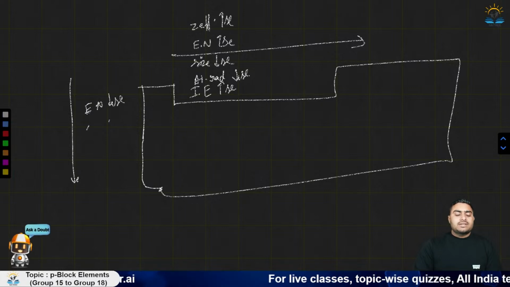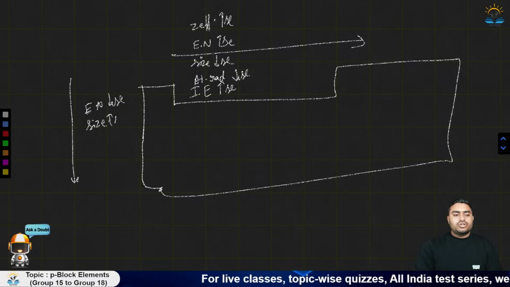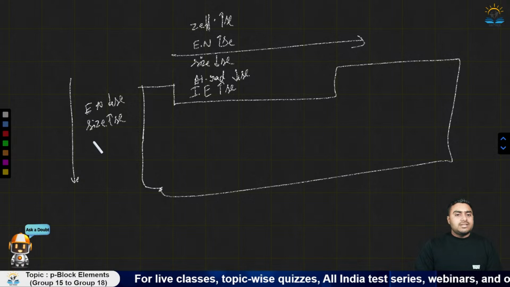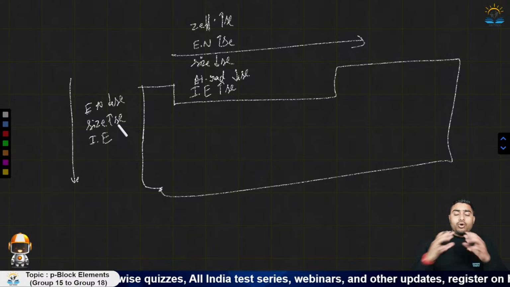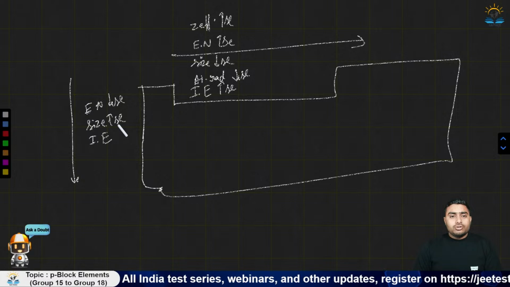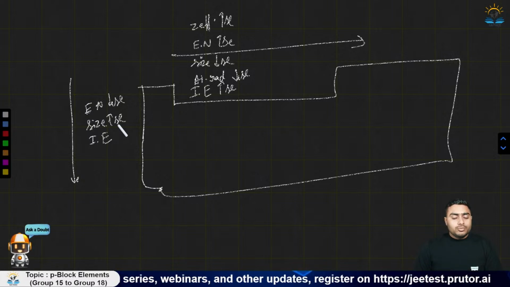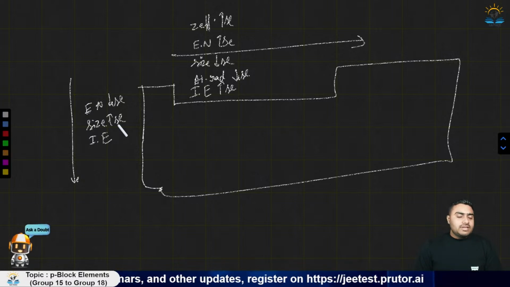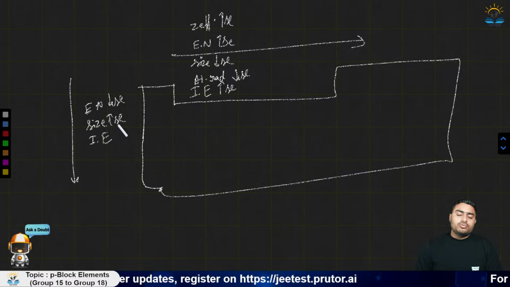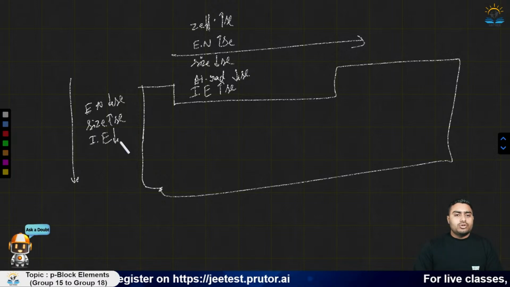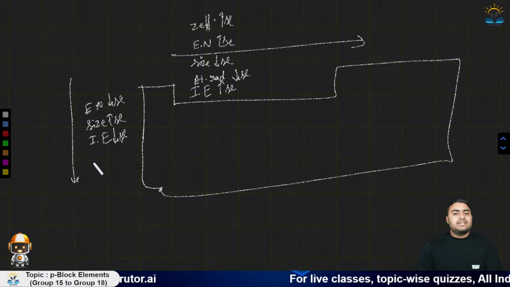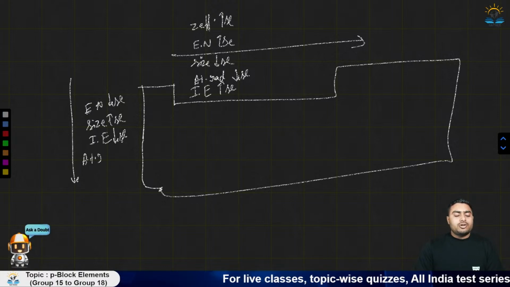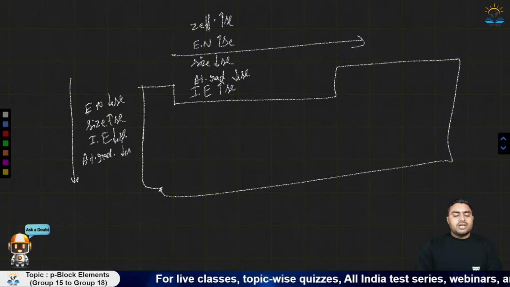Electronegativity will decrease. Size increases due to the addition of a new shell. Ionization energy decreases, because if size increases, the hold of the nucleus on the last shell electrons which we want to remove is less, so it is easy to remove. So size increases, ionization energy decreases.